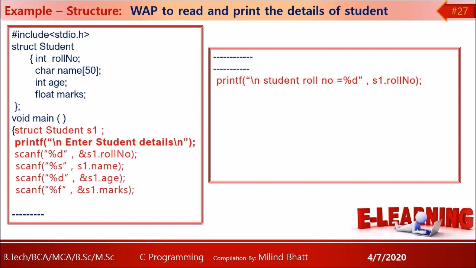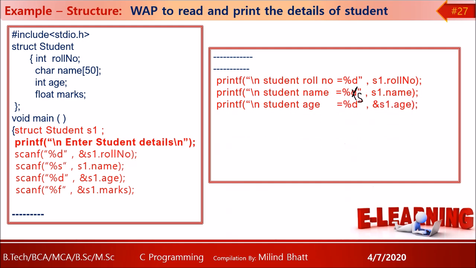Printf student roll number, percent d s1 dot roll number, student name, percent, this should be s, s1 dot name, age, percent d s1 dot age, and student marks, this should be f, and s1 dot marks.